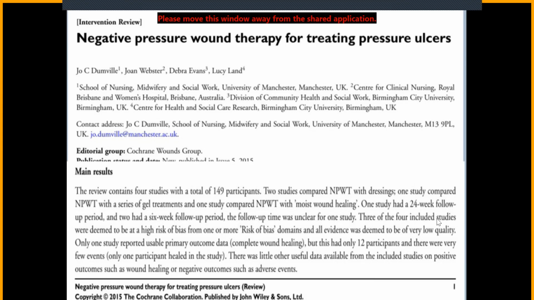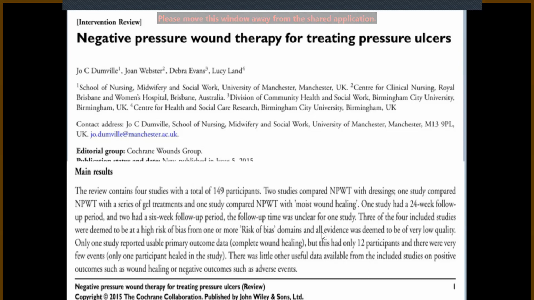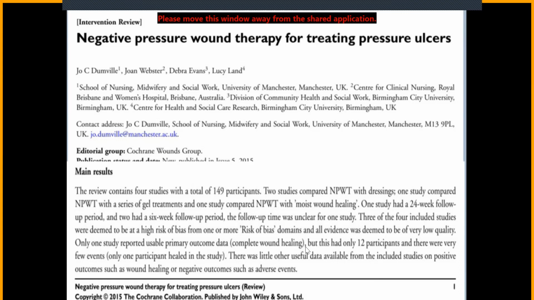3 of the 4 included studies were deemed to be at high risk of bias from 1 or more risk of bias domains, and all evidence was deemed to be of very low quality. Only 1 study reported usable primary outcome data, complete wound healing, but this had only 12 participants, and there were very few events.